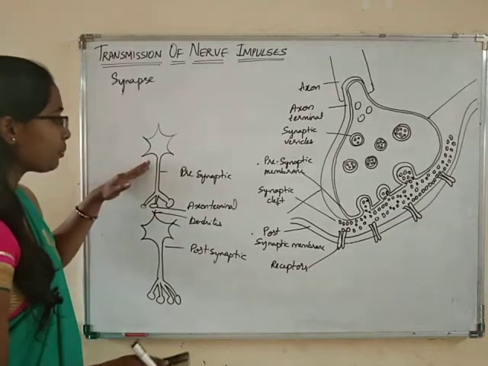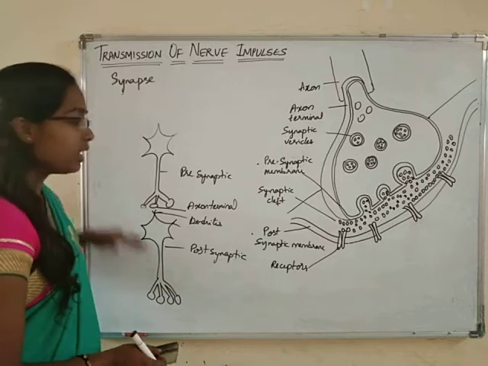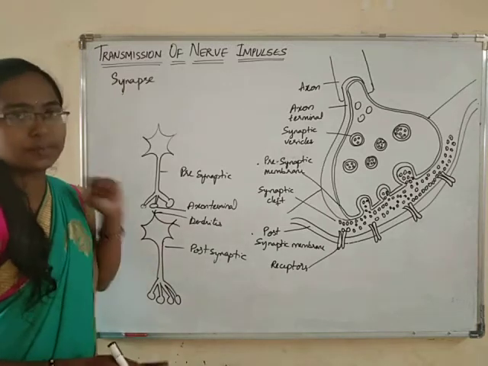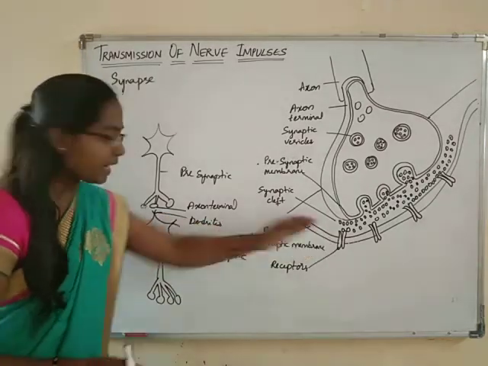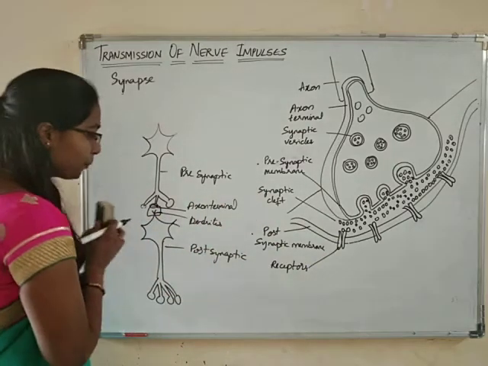We have seen the presynaptic and postsynaptic neurons, and between these two neurons the synapse is formed. Let us look into this diagram, which I have just drawn.